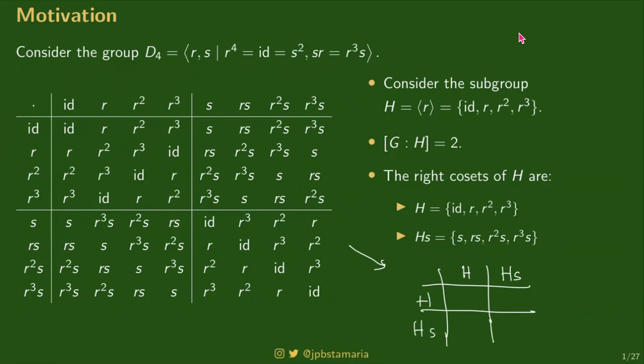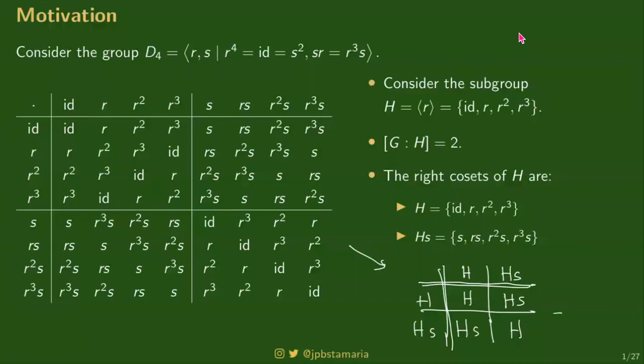H times H is just H. H times HS is HS. HS times HS is H. The table can be simplified by simply putting it this way. Do you understand what I mean to say? Yeah. So in some sense, it looks like these cosets form a group structure.